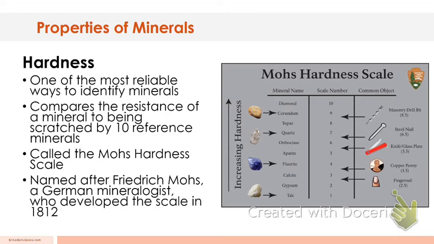And hardness is not telling you whether or not you could break it with a hammer more easily or not. It's telling you how tightly bonded are the atoms of that compound. So the more tightly bonded they are, the more difficult it's going to be to scratch that particular item.